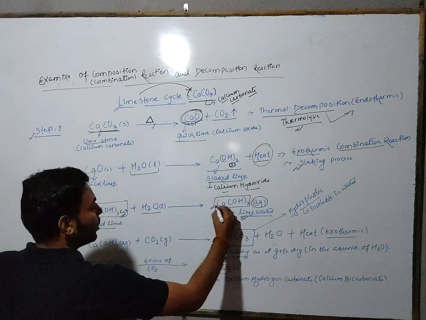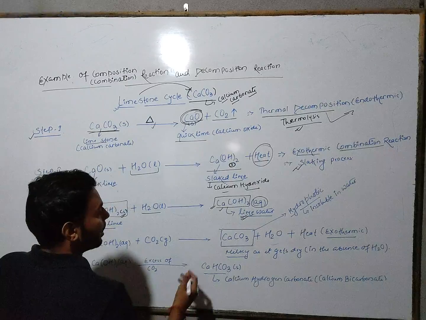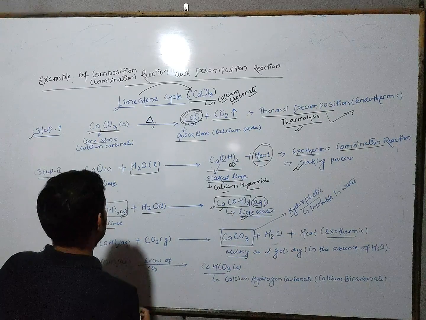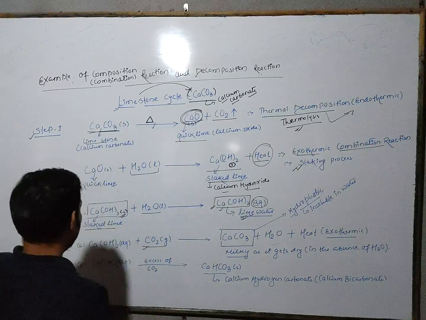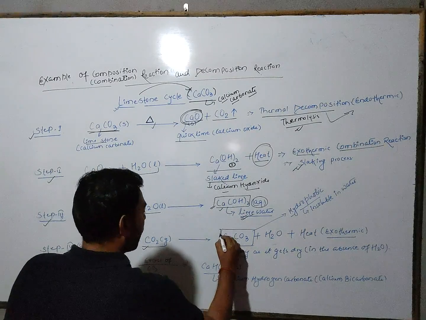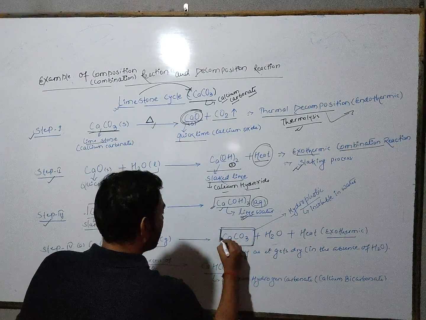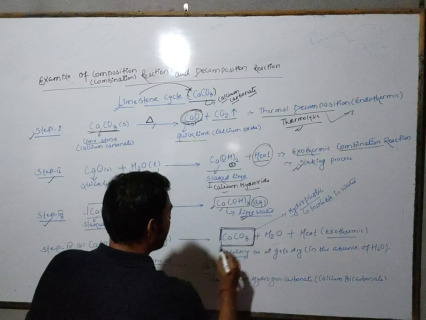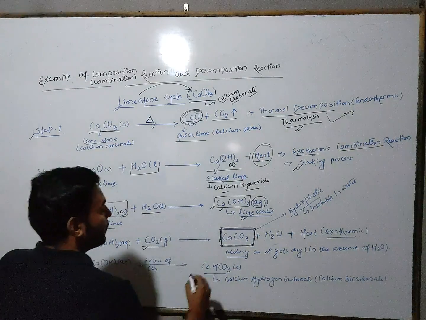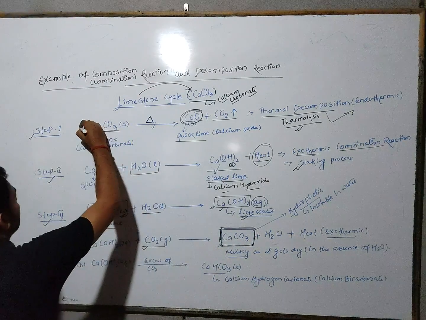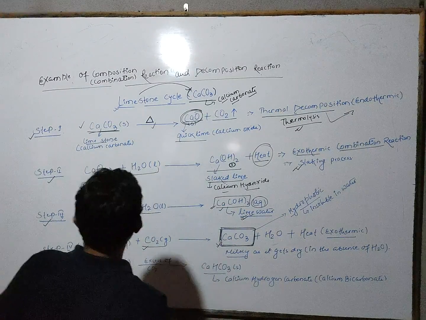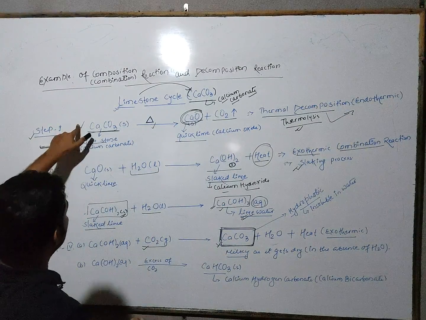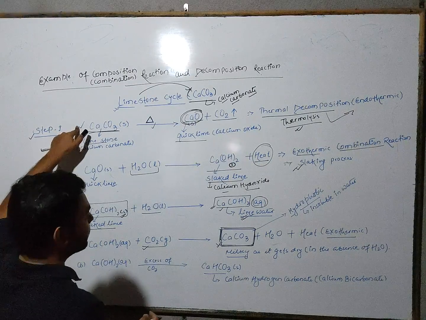Okay, now we are going to take this calcium hydroxide in aqueous solution and add carbon dioxide to it. We can see here that we have again obtained calcium carbonate, which was used initially in step 1, है ना. Now we have obtained calcium carbonate which was used for the initiation of the reaction.